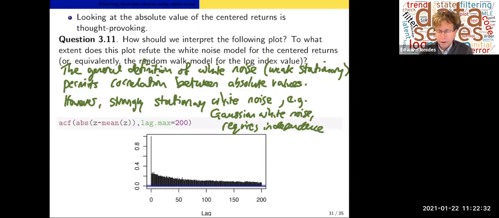And independence implies that if two random variables are independent, then any function of them is independent.